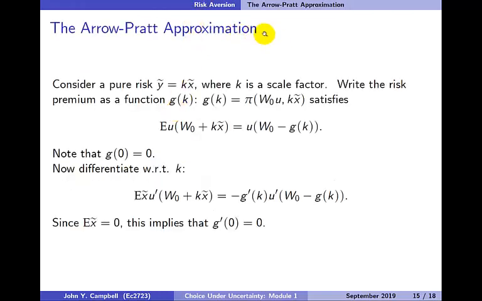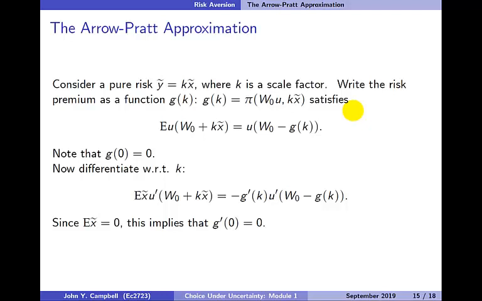Now, finally, in this first recorded module, I want to talk about the Arrow-Pratt approach for solving for the risk premium for a small risk. So, in general, the risk premium is only defined implicitly. It is the solution to some equation, but we don't, in general, know how to solve that equation explicitly.